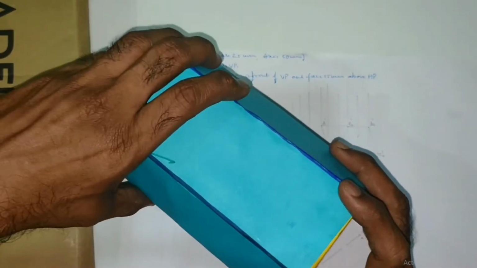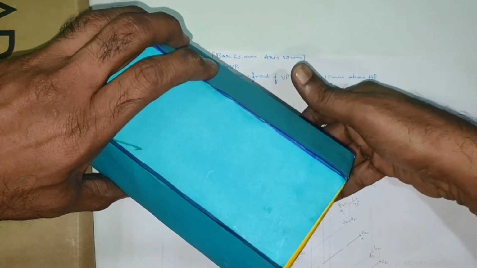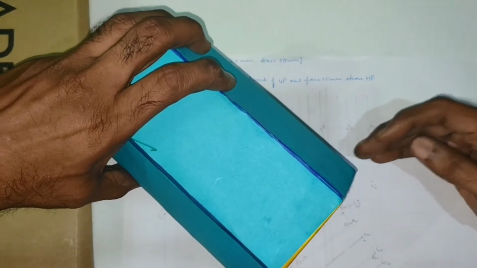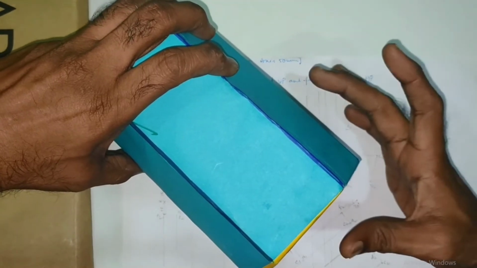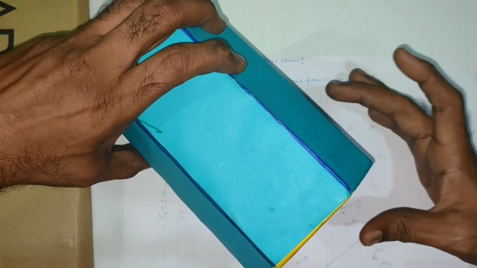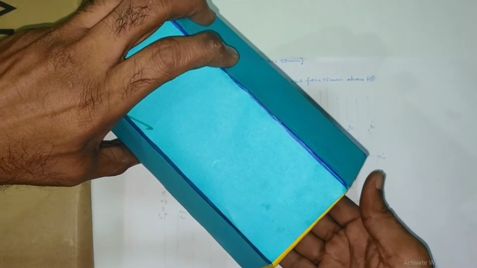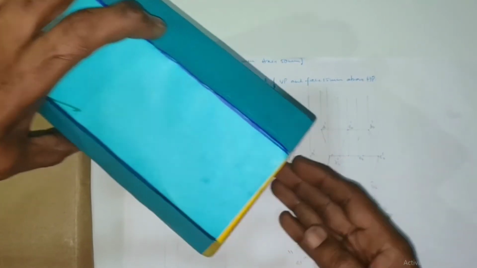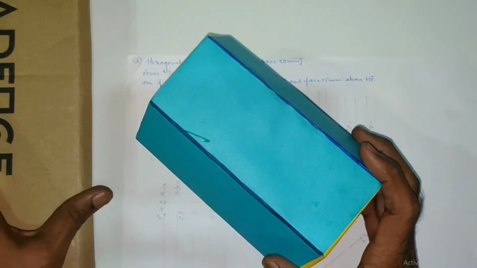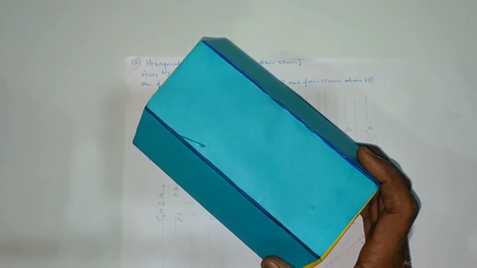Whatever gap there is from the horizontal plane can be visualized from the front view. So when you view the object in this direction, we can visualize this gap which prevails from the horizontal plane.